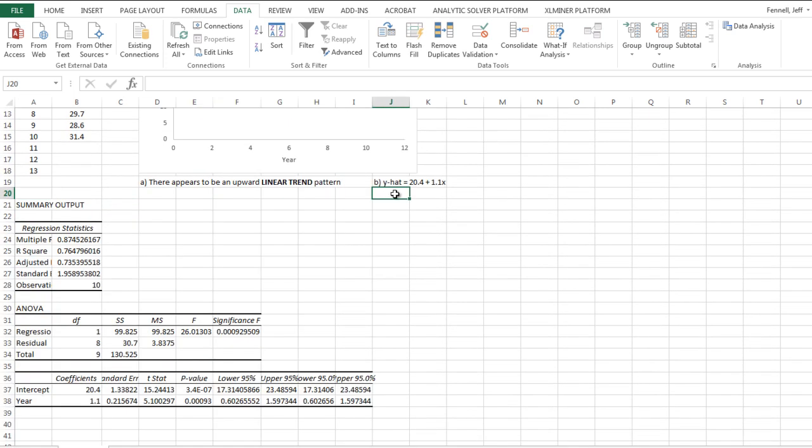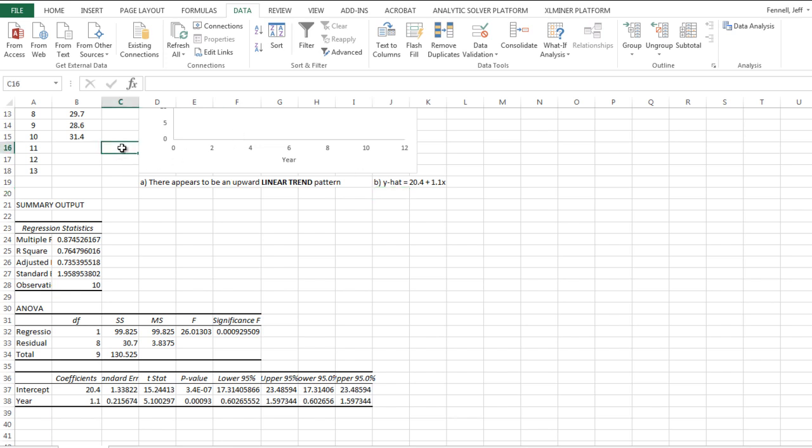From our regression output, we get that our predictive model is based on the equation that y hat is equal to 20.4 plus 1.1x. So in order to make our predictions for years 11, 12, and 13, we simply need to sub in our values for x into that equation.